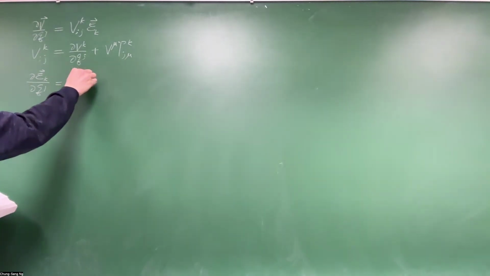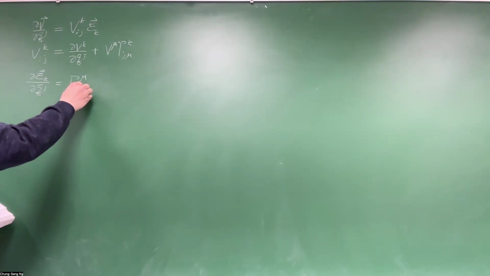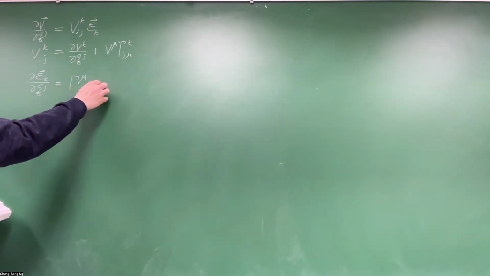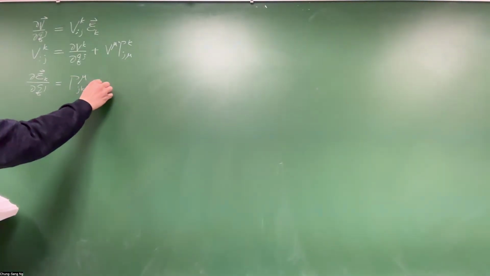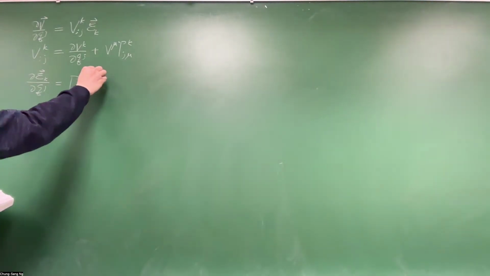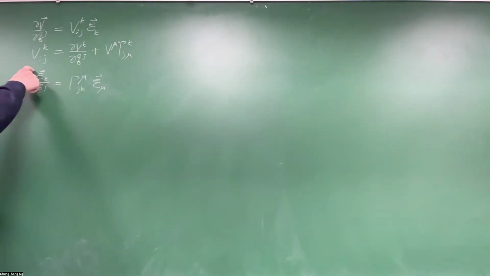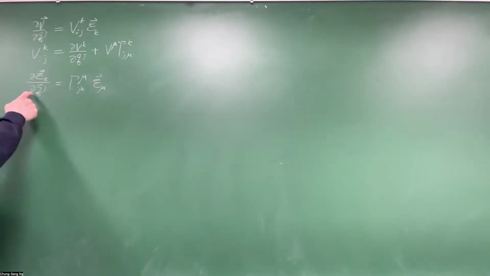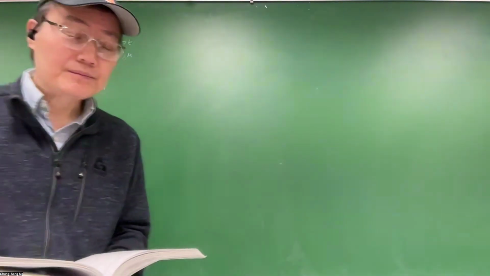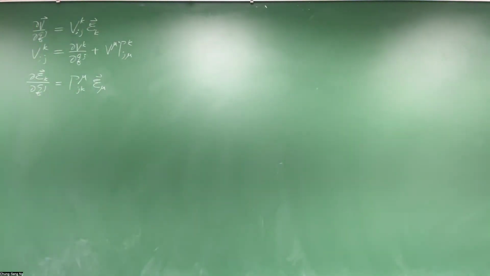So the gamma^mu_jk times epsilon_mu: this is the mu component of this derivative of the basis vector. Okay, that's how you define this Christoffel symbol.